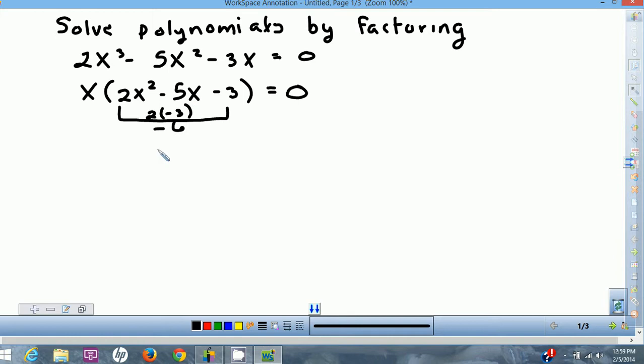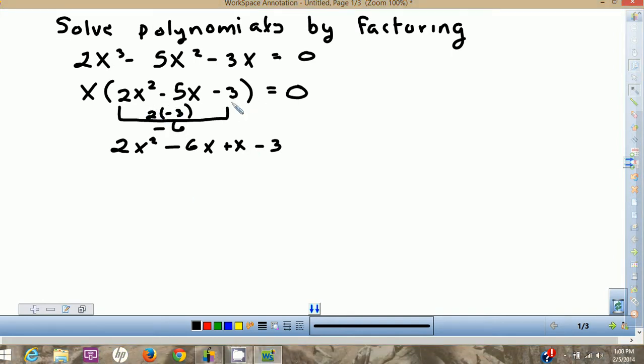Well, that would be negative 6 and positive 1. So I can rewrite this as 2x squared minus 6x plus x minus 3. So I have simply split that center term into two terms.